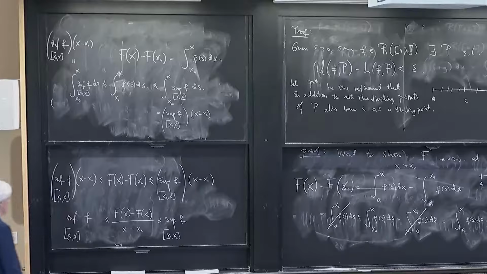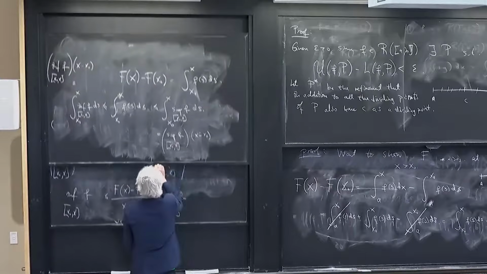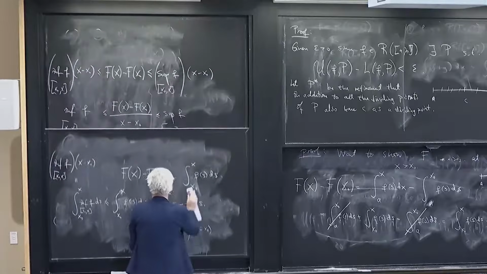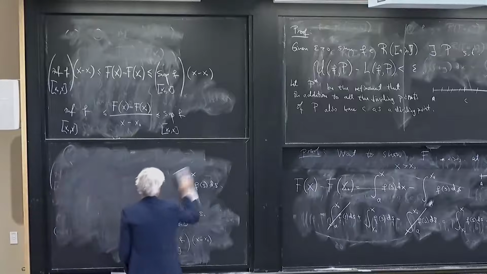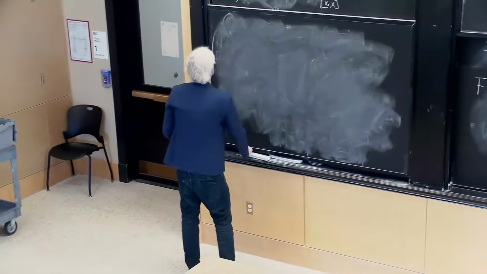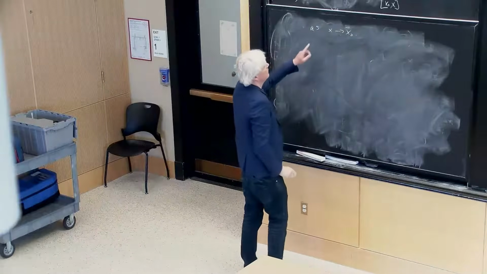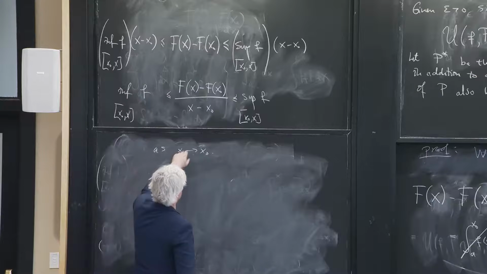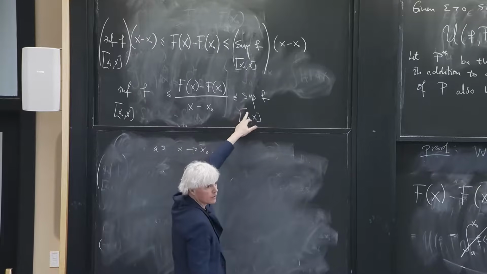Right? But you see that as x goes to x0, the values, not just the value at x, but actually in this whole interval here, go to what the value is at x0.